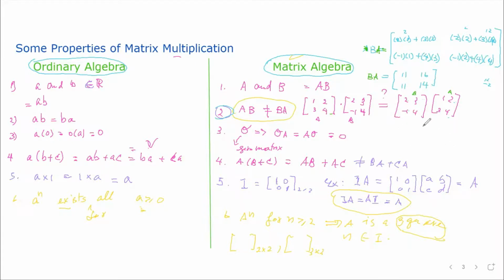Now what I try to say, when we can do the multiplication, we have to check the order for each matrix. For example, matrix B here, how many order do we have? Two rows, two columns.